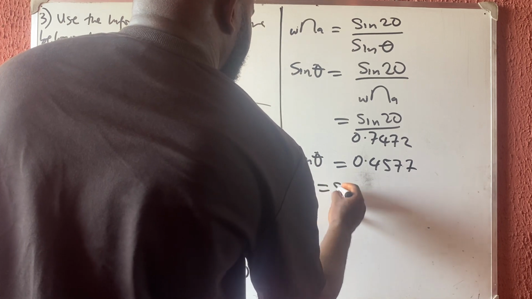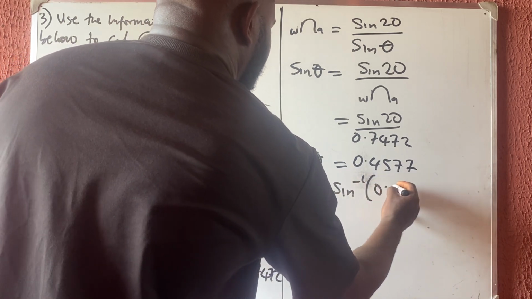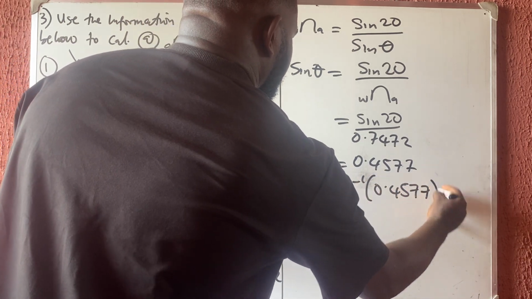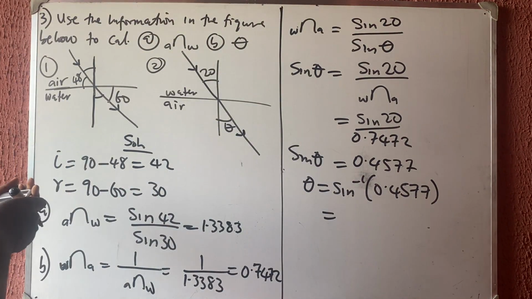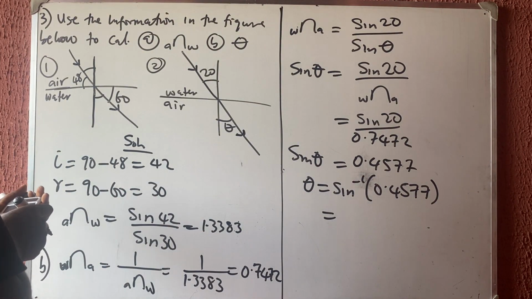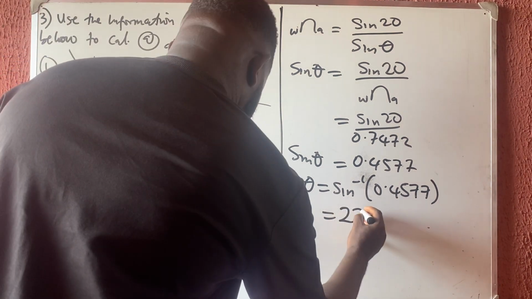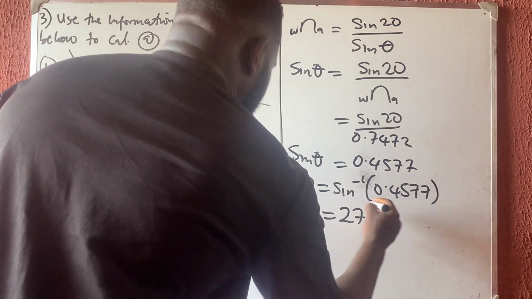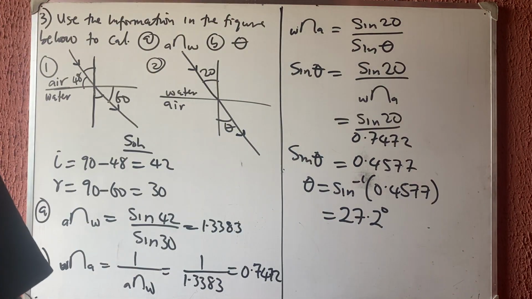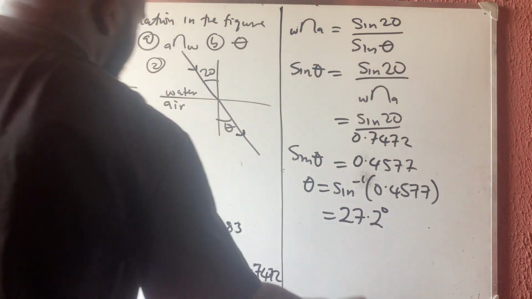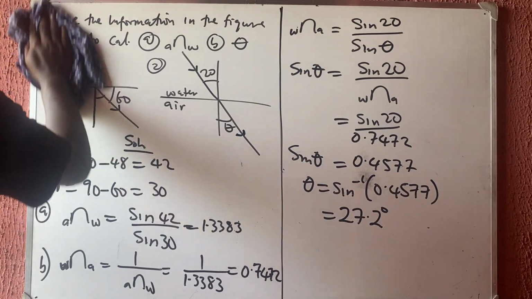So theta will now be sine inverse of this my answer. So shift sine my last answer. I'm getting 27.2 degrees. 27.2 degrees is a very simple thing to calculate. We go to the next question.